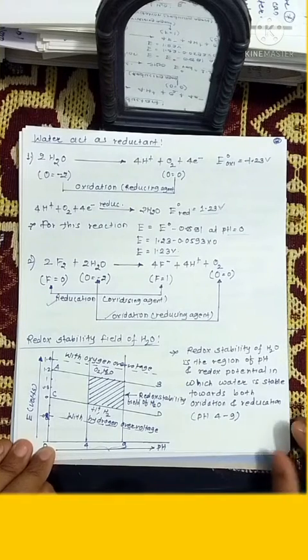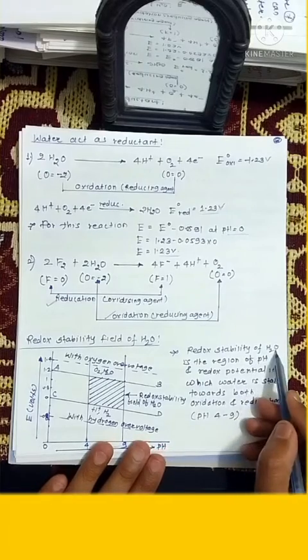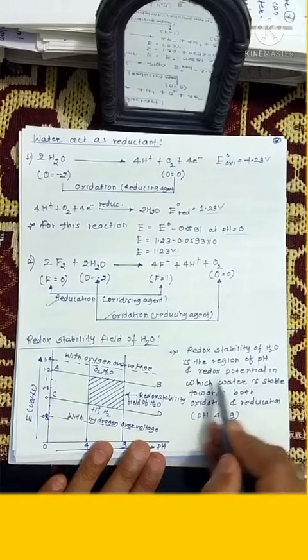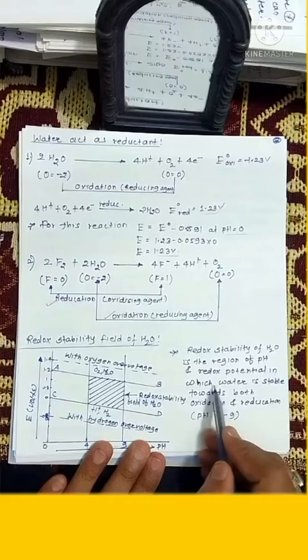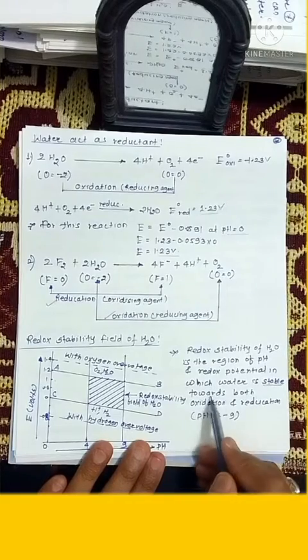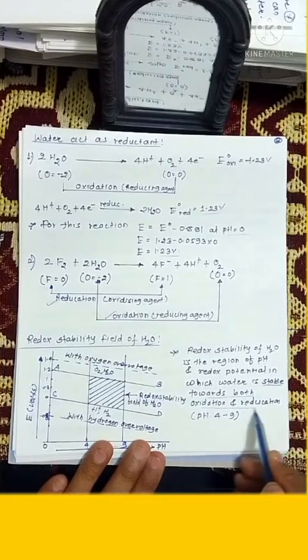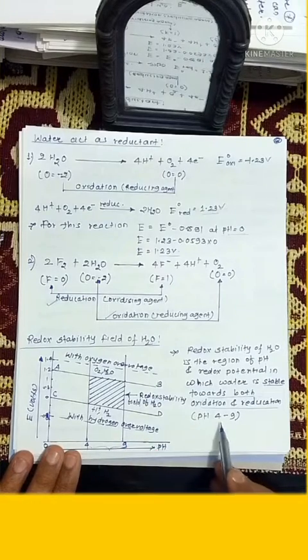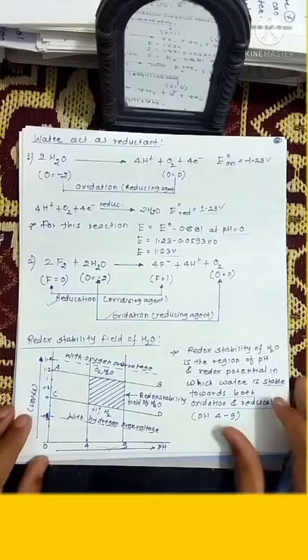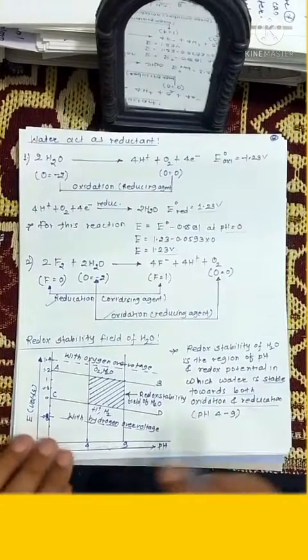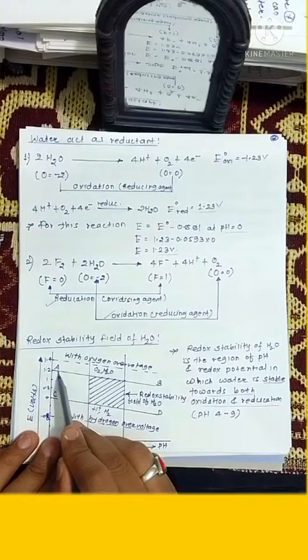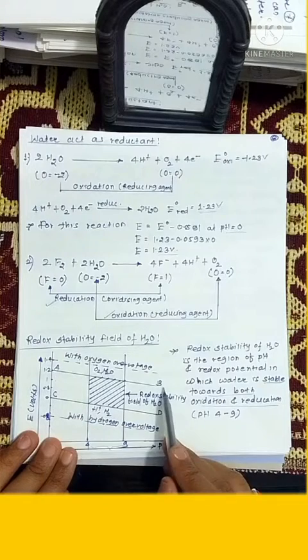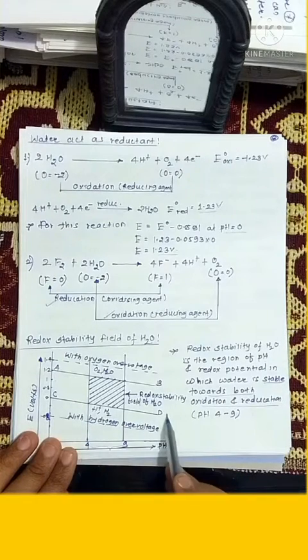So the redox stability of water is the region of pH and redox potential in which water is stable towards both oxidation and reduction, and it is from pH 4 to 9. Now we are going to discuss first line AB, then line CD.